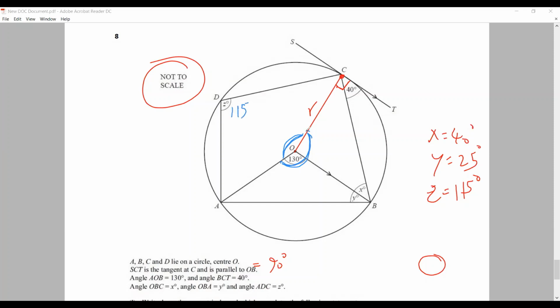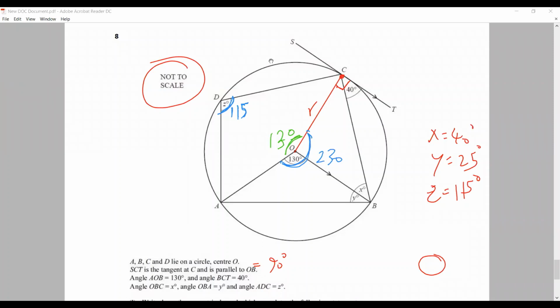Therefore, this guy, maybe I can use another color, the blue one. If this is 115, again, according to the theorem that says the angle at the center is double the one on the circumference, this should be 230, right? That's 230, and 360 minus 230, that means this is 130, sorry. That should be 130. They add up to 360.